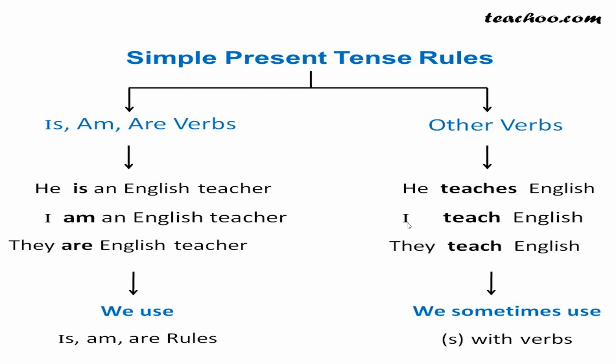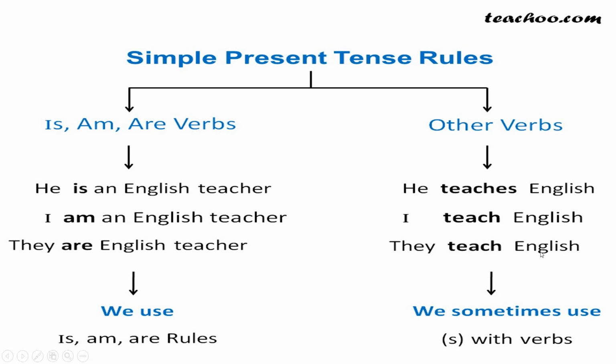Suppose I'm talking to one boy or one girl, you teach English. But when we're talking about plural, like I am talking to many boys or many girls, you teach English. There also we will write you teach English, and in singular also we will write you teach English. So with I and you, we will always use the plural verb.